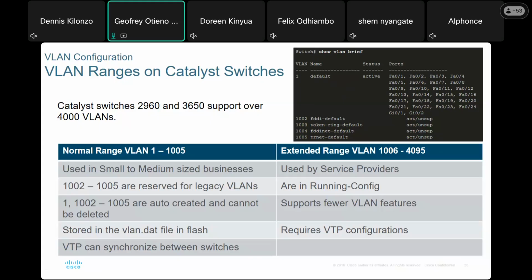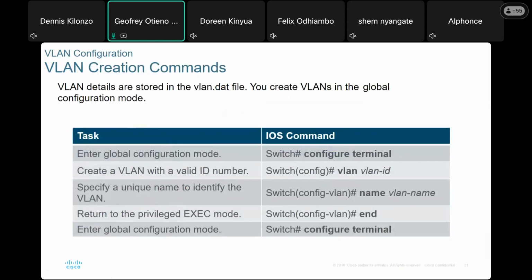We have to set VTP mode transparent. From there, it will allow you to start creating VLANs above 1005, 1006, 1007, all the way to 4096. That's for the ISPs, you understand what I meant.